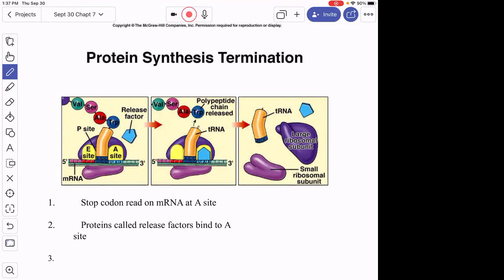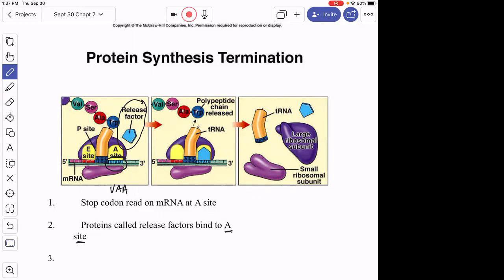Once a stop codon comes to the A site, UAA is a stop codon, there's not any amino acid or tRNA that's going to recognize that. And so that pause causes protein release factors to come in and bind to the A site.